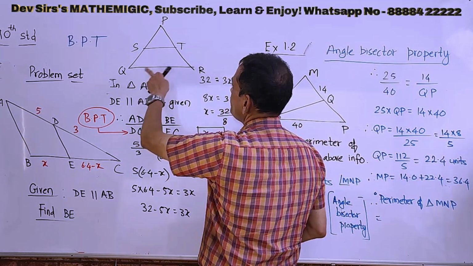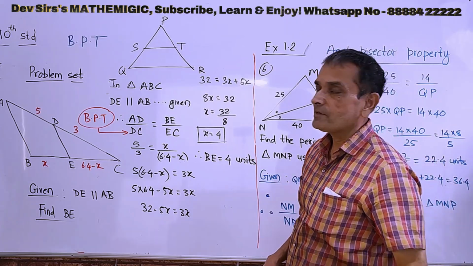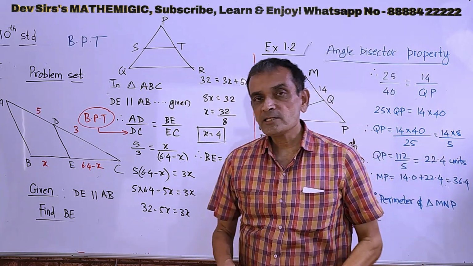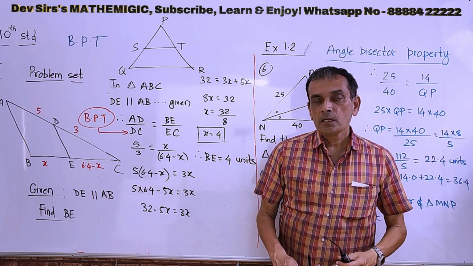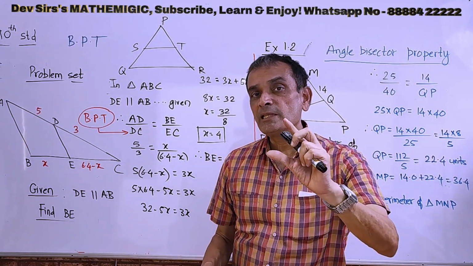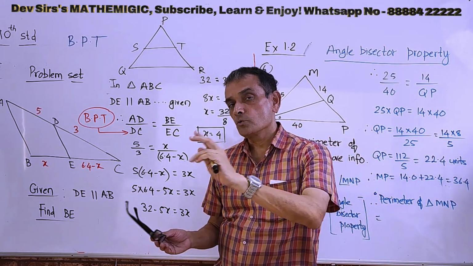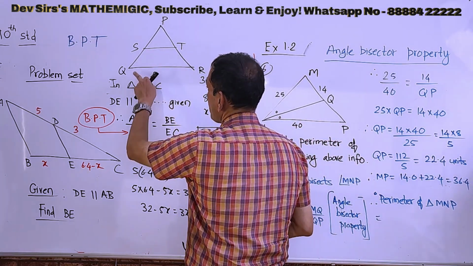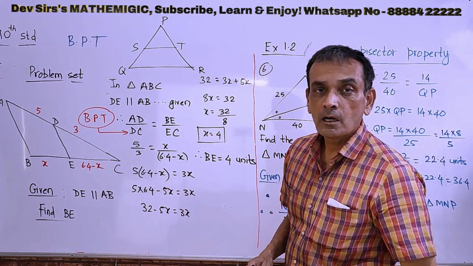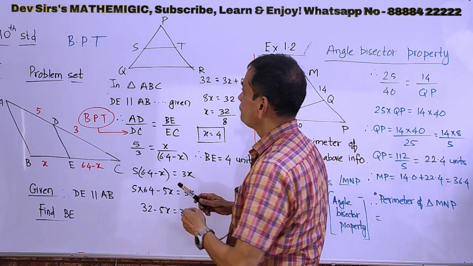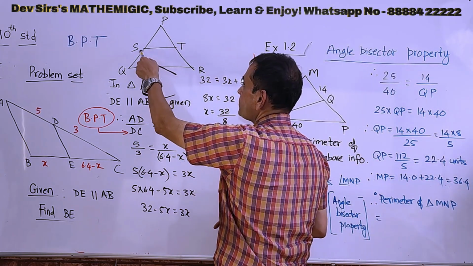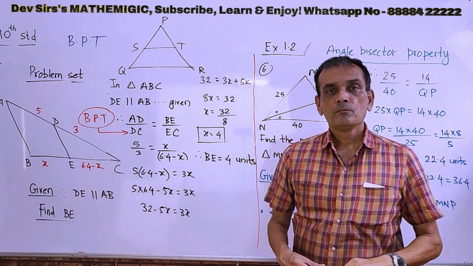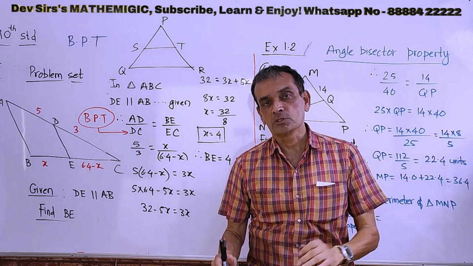So in triangle PQR, we have taken ST parallel to QR. So if that line is parallel to QR, then the four parts we get have equal ratios. So because ST is parallel to QR, what do we get? PS upon SQ is equal to PT upon TR. Just take two equal ratios.